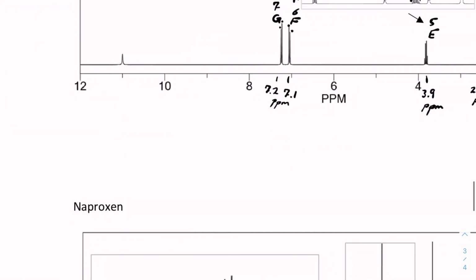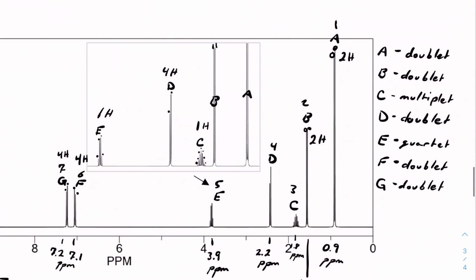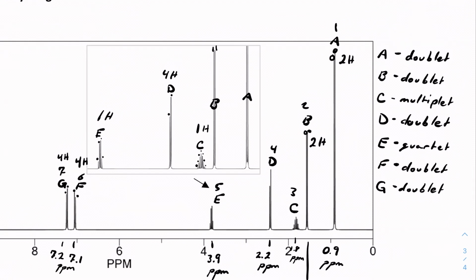So we're going to go ahead and go down here and write A, B, C, D, and then E, F, and G. So we're going to start over here with A. And what we can see with A, based on these peaks and kind of the location, is what we're going to have there is going to be some CH3 carbons.